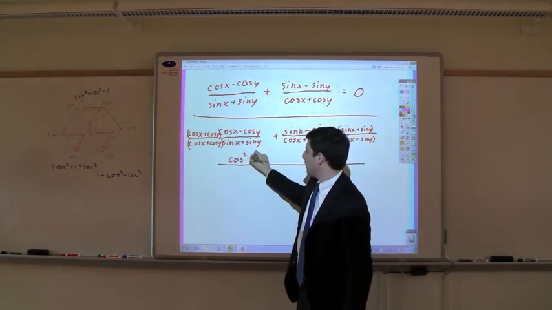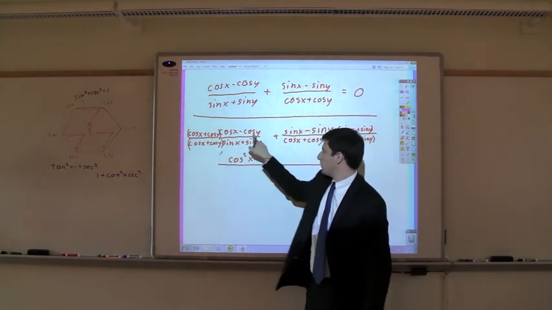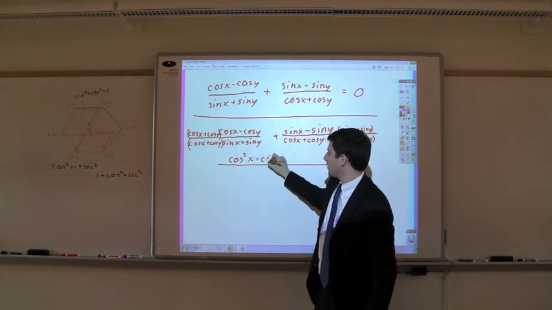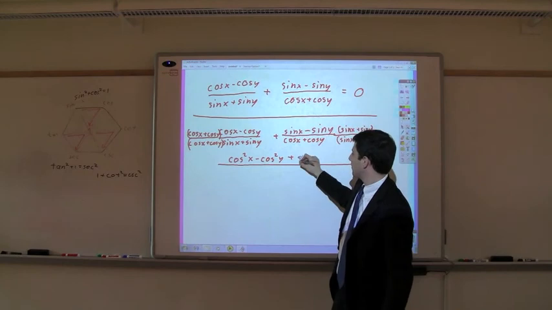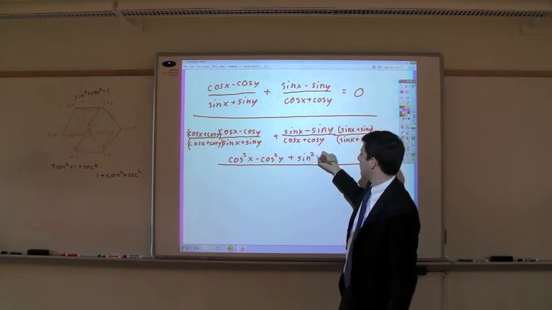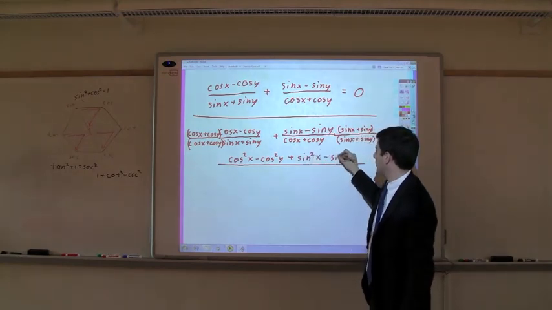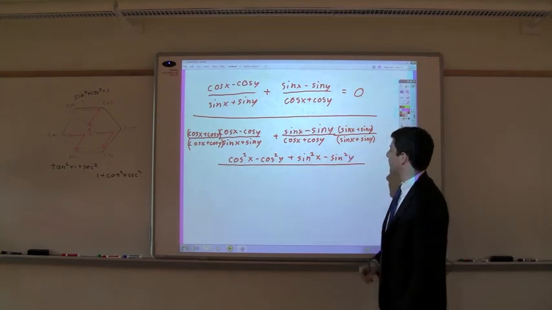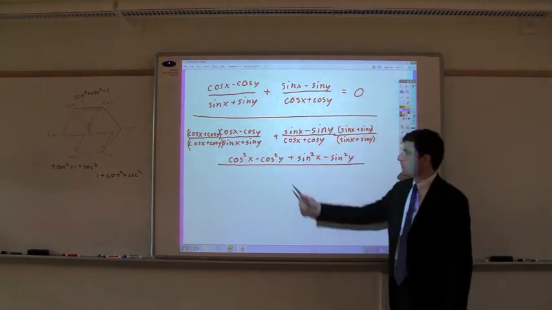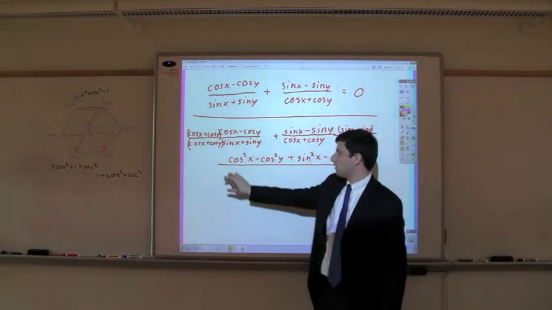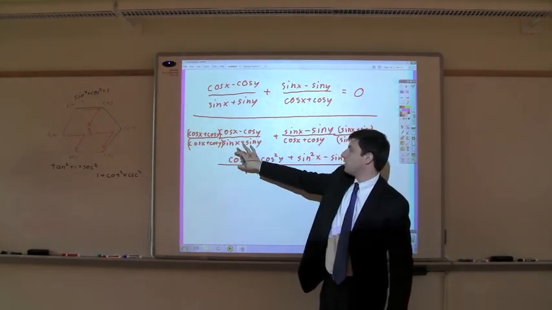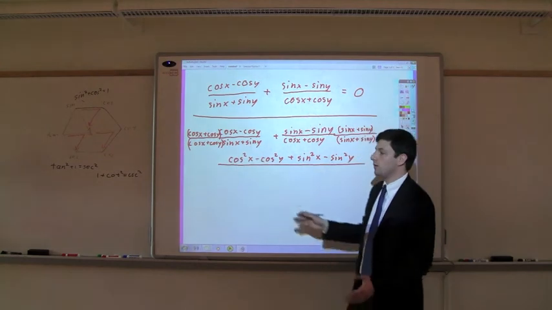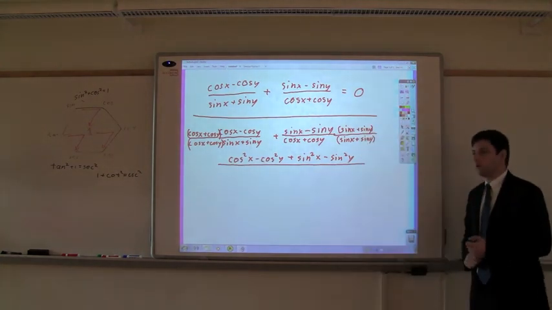Cosine squared x. Good. Cosine squared y. Plus sine squared x. Good. Sine squared y. And I tell you what, I'm not even going to worry about the bottom. I could write it out and just say cosine x plus cosine y times sine x plus sine y, but we want it to equal 0, right?